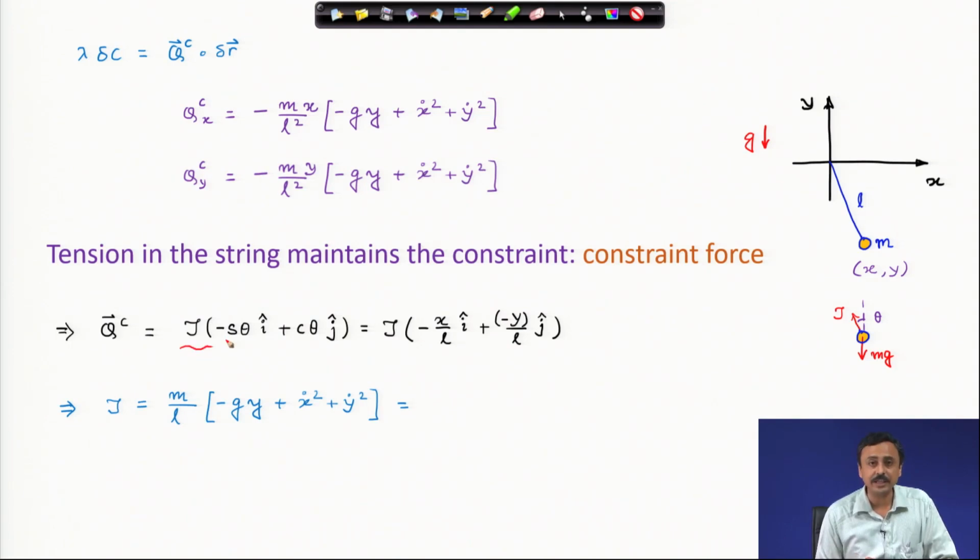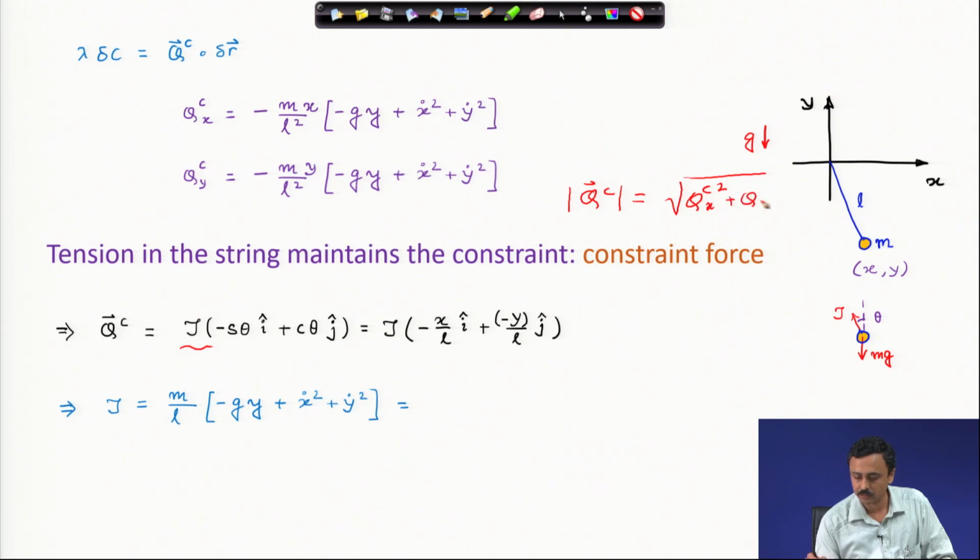This tension value is nothing but the magnitude of Q_c, and this is nothing but the square root of Q_cx squared plus Q_cy squared. So, the square root of this quantity is the magnitude, and that is the tension. And if I do that, I will get this simplified expression.